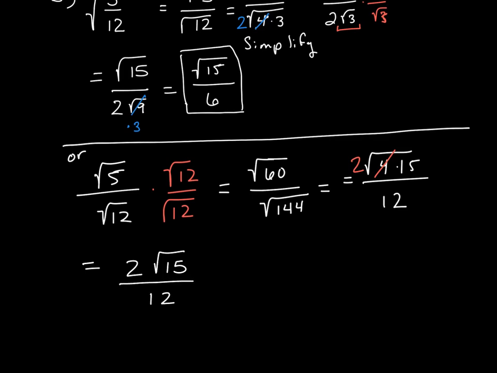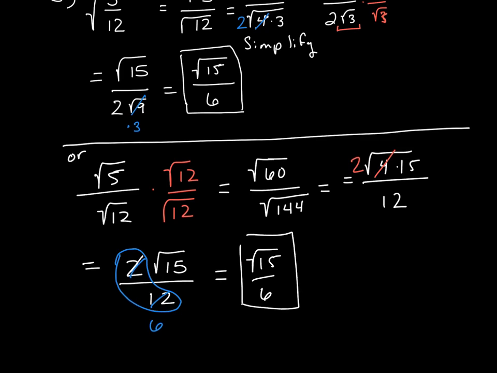Now, because the 2 and the 12 are outside the radical, you can simplify that. 2 goes into 2 one time and into 12 6 times. So that is equal to the square root of 15 over 6. So you'll get the same answer either way. It just depends upon how you want to go through and do that question.